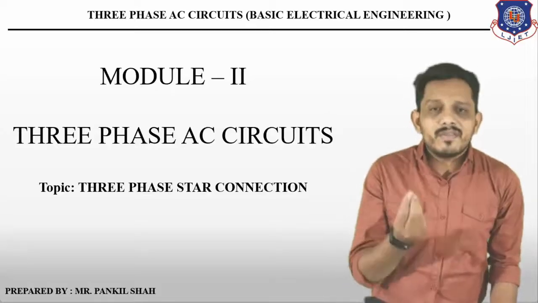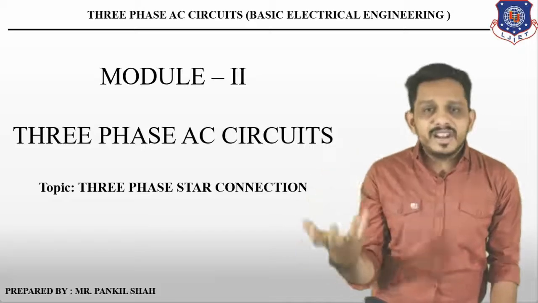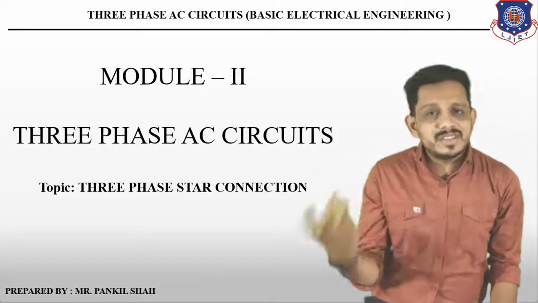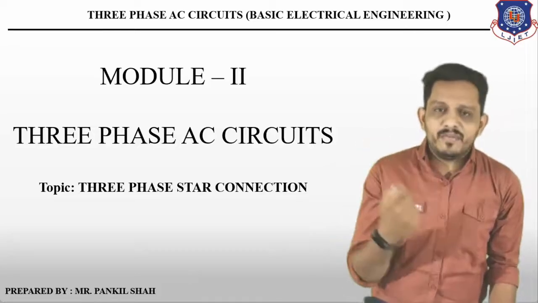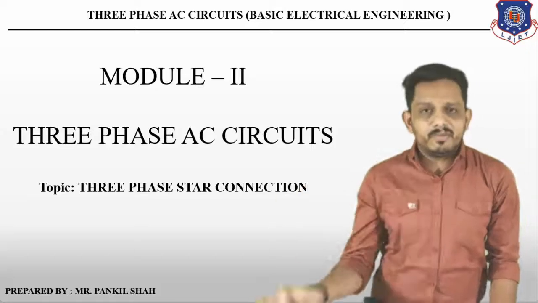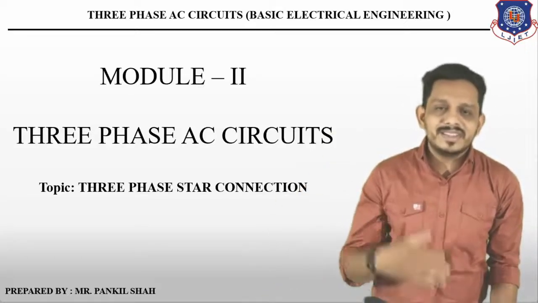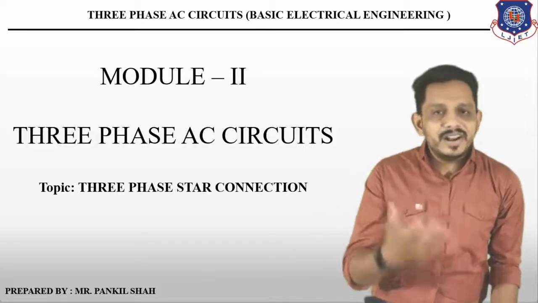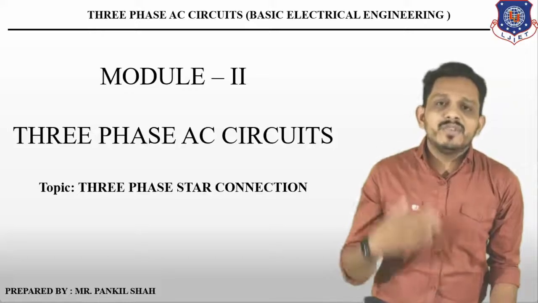It is quite a complex process to connect the 6 terminals of the system to the 6 terminals of the load. That's why we need to define a better technique to connect this three-phase system to the three-phase load, and those interconnections are known as the star connection and the delta connection. In today's video, I am going to explain the three-phase star connection.